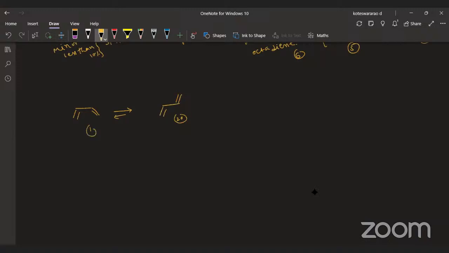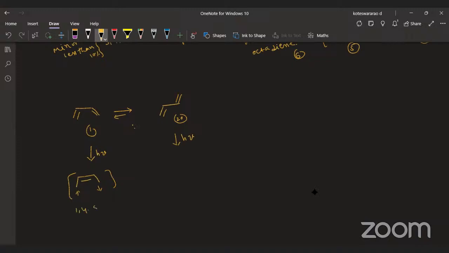This is the ratio at equilibrium. Now, both is the mixture. Both will be subjected to photochemical irradiation at the required wavelength. Then they both give the transition state. The transition state is a 1,4 biradical.